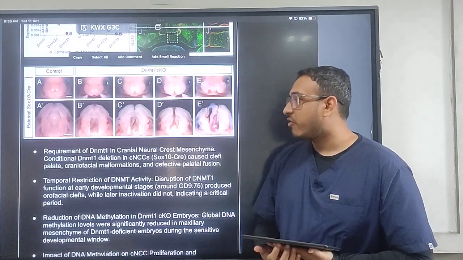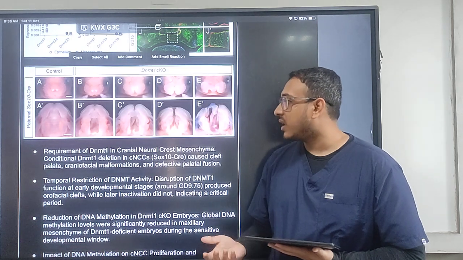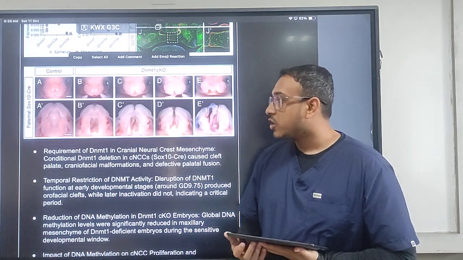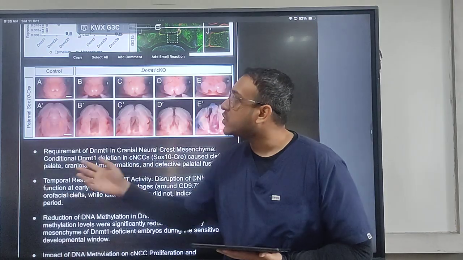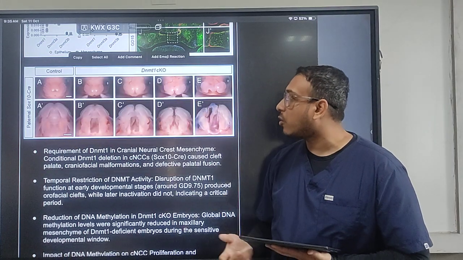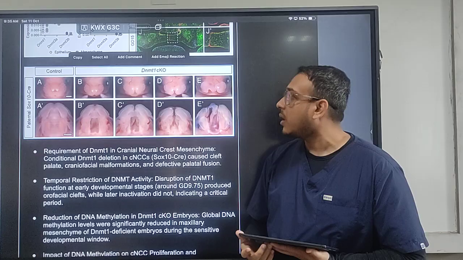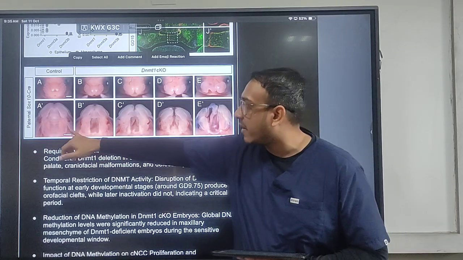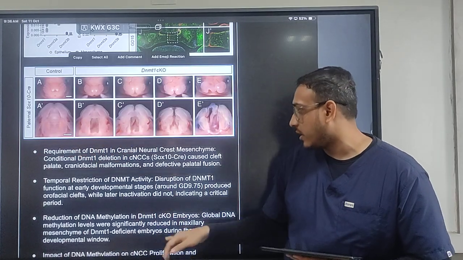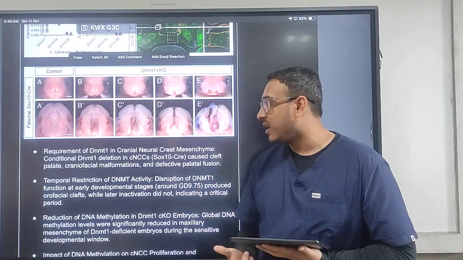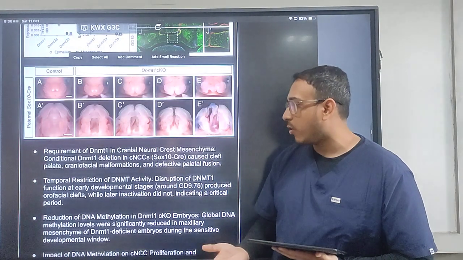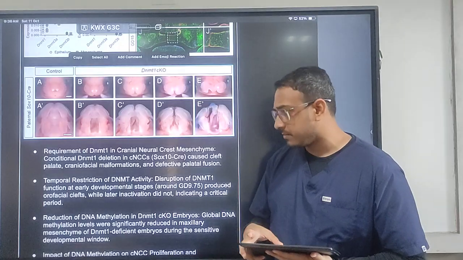The requirement of DNMT1 in cranial neural crest cell mesenchyme. So here we can see the image of control versus the conditional knockout of DNMT1, which shows there is a defect in development of the palate and it causes cleft palate and other craniofacial malformations and defective palate fusion.